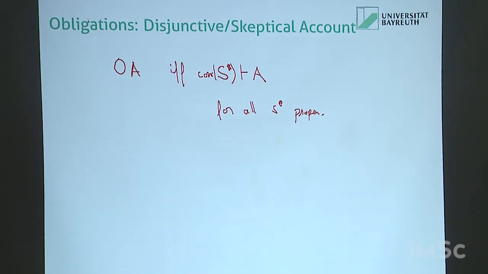So in Nixon, for example, what should you believe about Nixon? Well, in the skeptical account, you should actually suspend belief, because there's a proper scenario in which he's a pacifist and there's a proper scenario in which he's not. So what you should believe in this case is that he's either a pacifist or he's not, which is not very informative. But that's the skeptical or careful account. So you ought to believe something if and only if it follows in all the proper scenarios.